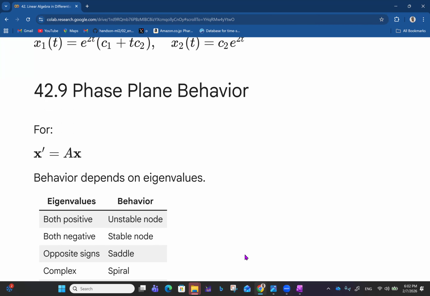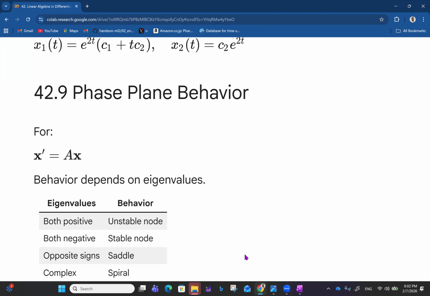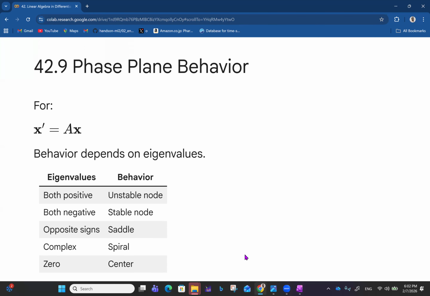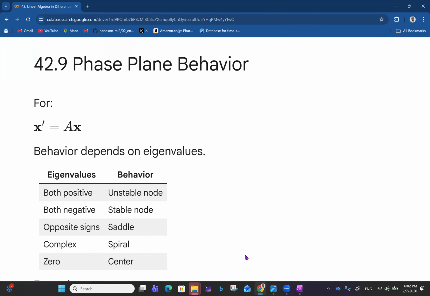Now, still talking about linear algebra in differential equations, we can talk about phase plane behavior. So for x prime equals Ax, behavior depends on eigenvalues. If eigenvalues are both positive, you have an unstable node because you have explosion. You have the system growing boundlessly. If both are negative, you have stable nodes because you have stability, you have convergence.